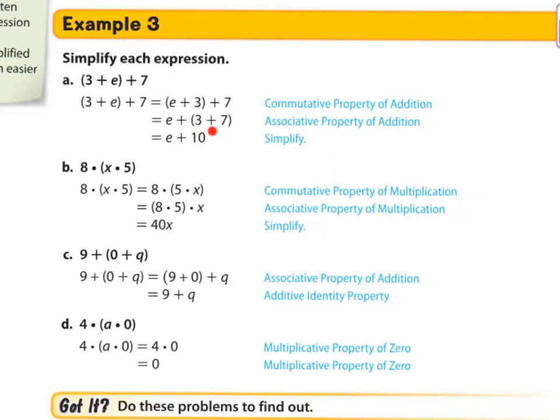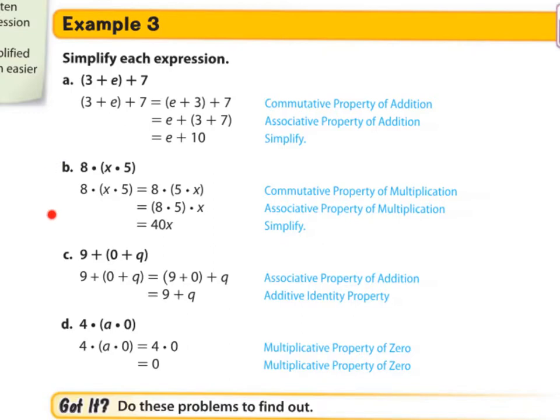The reason we would group these two is because these two can work together. 3 plus 7 is 10. So we're just left with the E. So the simplest way to rewrite this expression is E plus 10. And once we know the value of E, we replace it and we solve.